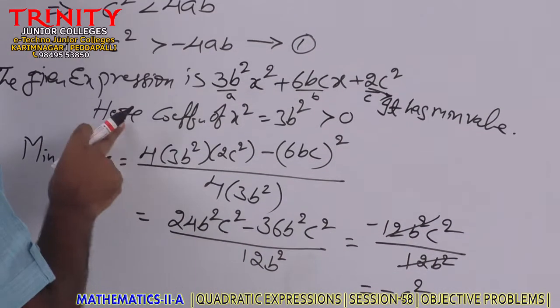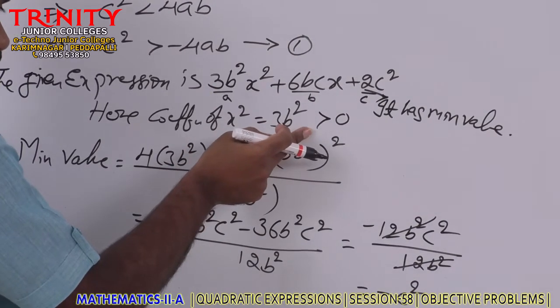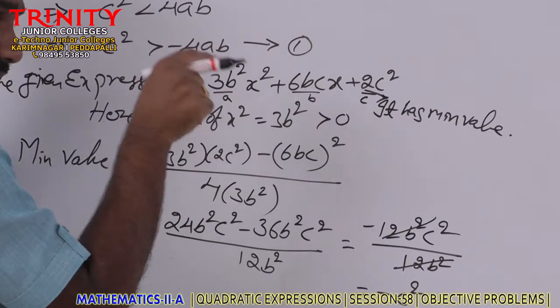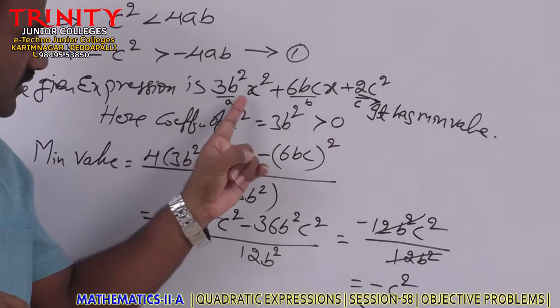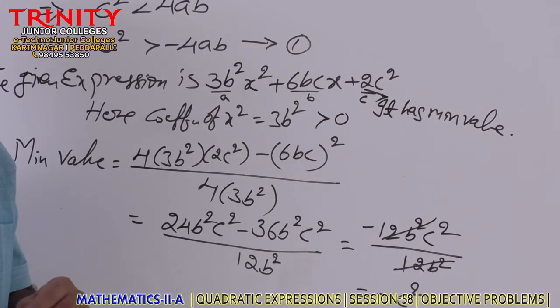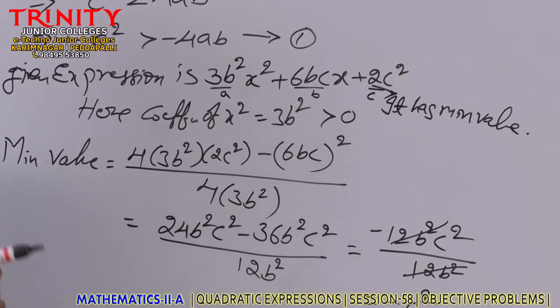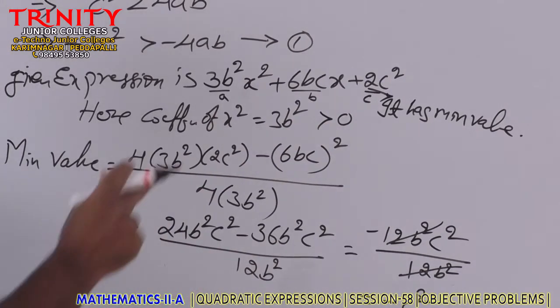Why? Because here the coefficient of x square is 3b square, that is greater than 0. When the coefficient of x square is greater than 0, the expression has the minimum value. When the coefficient of x square is less than 0, then the expression has the maximum value. Already we have discussed this in the previous class. Here 3b square is positive, therefore it has the minimum value.